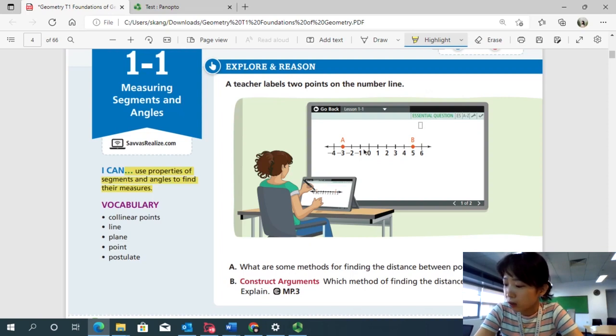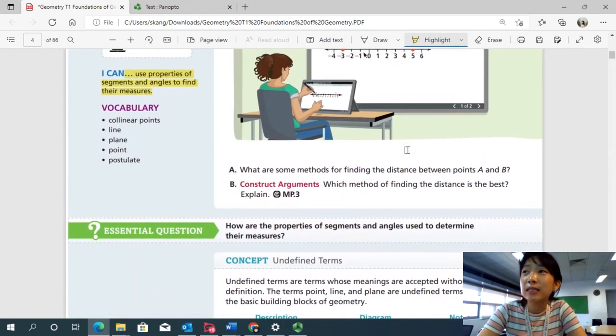You can find the difference of the coordinates, 5 and -3. 5 minus -3 would be 5 plus 3, so you would have 8. And so there are 2 different ways to find the distance.